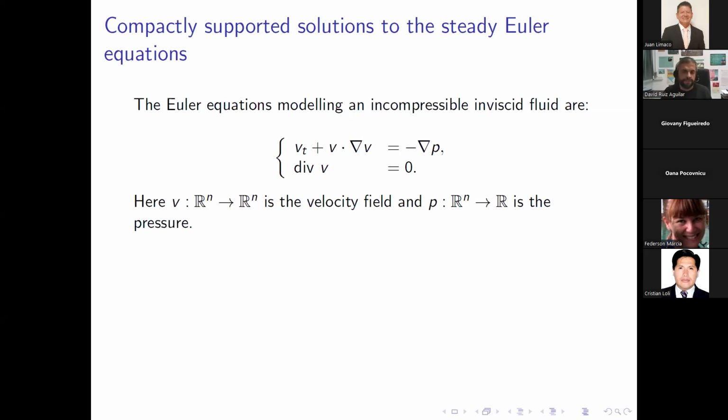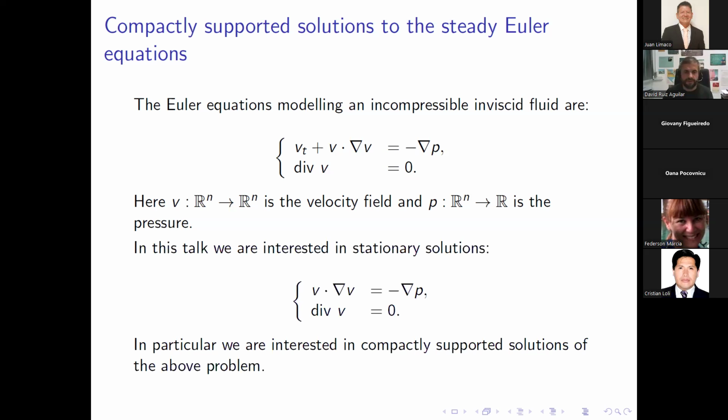And I'm going to consider first steady solutions. Steady solutions mean that the velocity field V is not changing in time. So it depends only on x, and in this case the V_t derivative goes away, and then we obtain this system of equations. Moreover, even in this setting, we are interested in solutions which have compact support.